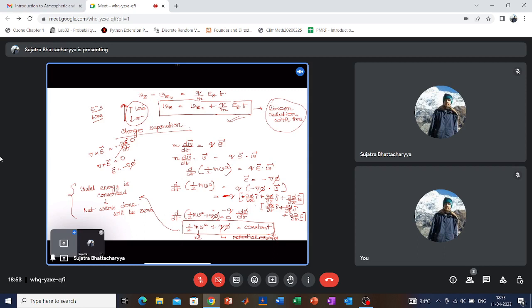The immediate next thing we will go to has a much longer derivation compared to this. This is a very simple case which we have seen, in a uniform electric field, and that too in one direction.